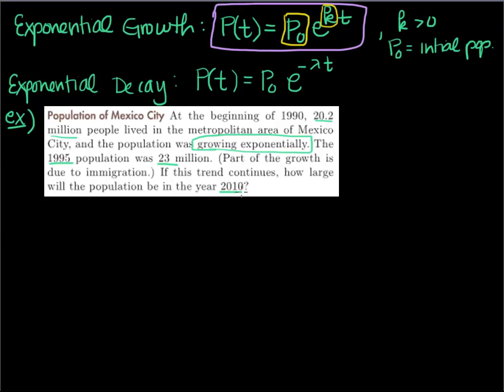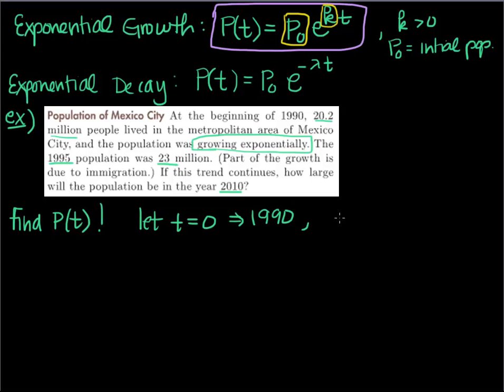So if I want to know how large the population is in 2010, what I need to find is P of t. Remember what this function gives us: the population at time t. And I have a couple of points here. I'm going to let t equals 0 correspond to 1990.